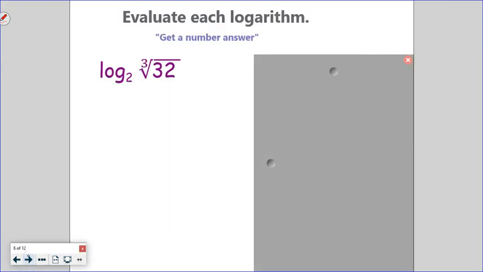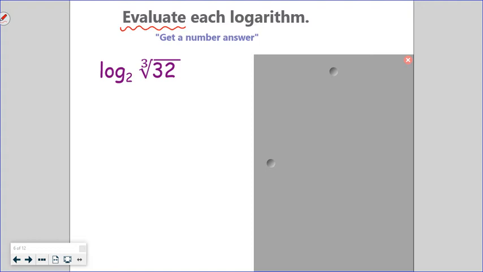All right. The last type of directions that we'll see for very similar problems is evaluate. When it says evaluate, you're going to get a number answer at the end. We've already had problems like this. In fact, I probably could have handed you this problem on your quiz. It would have been tough, but you could have done it.